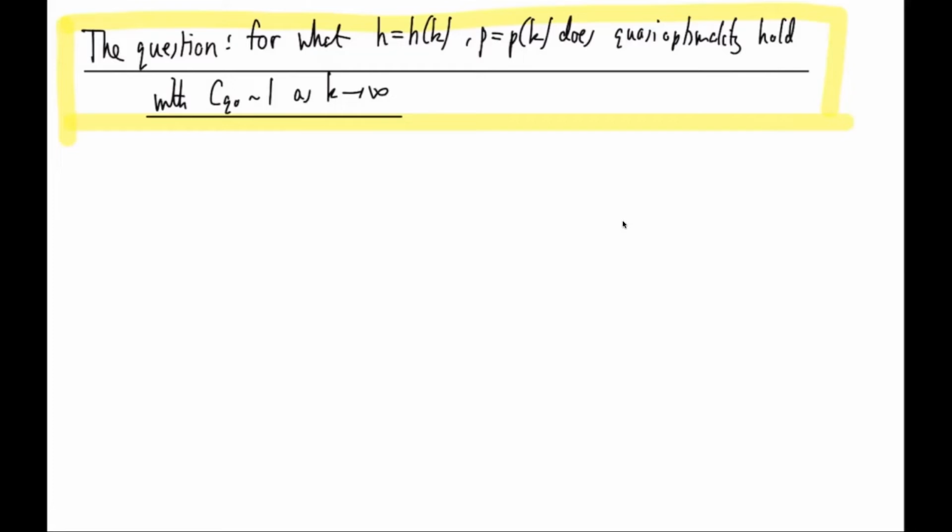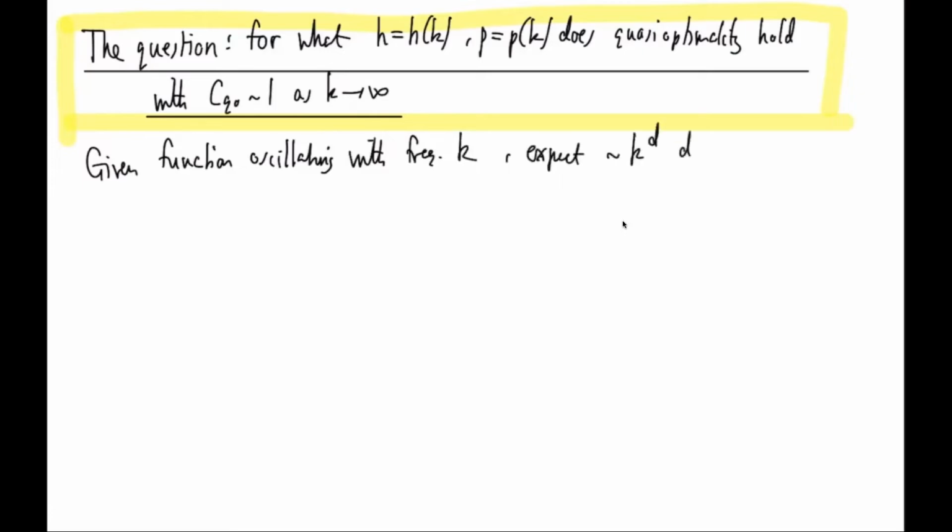So yes, Kirill has said 1 over k because, given a function oscillating with frequency k, we expect that it needs k to the d degrees of freedom for uniformly accurate approximation as k tends to infinity.